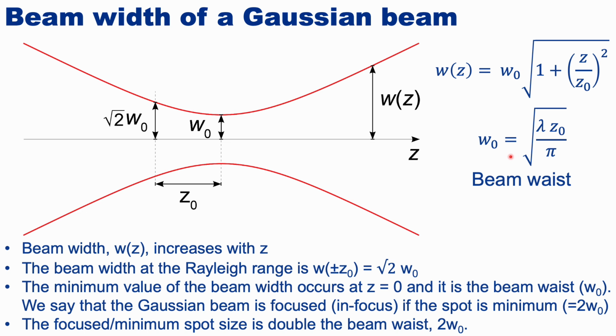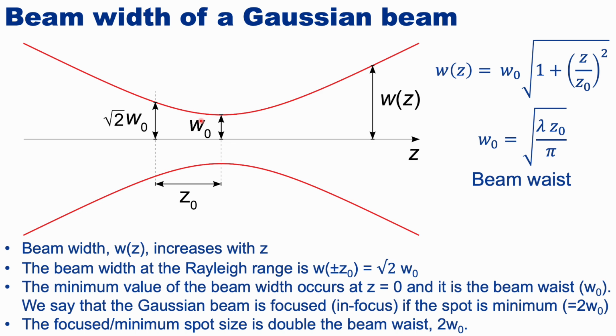We're going to see that the beam width always increases with z, and we define the Rayleigh range here in terms of the square root of 2 times the beam waist. The beam waist is the position where we have the smallest width of the Gaussian, so that's where we say our spot is minimum, and therefore we assume that the light is in focus.